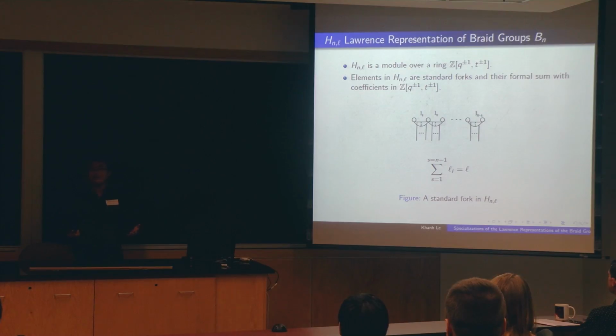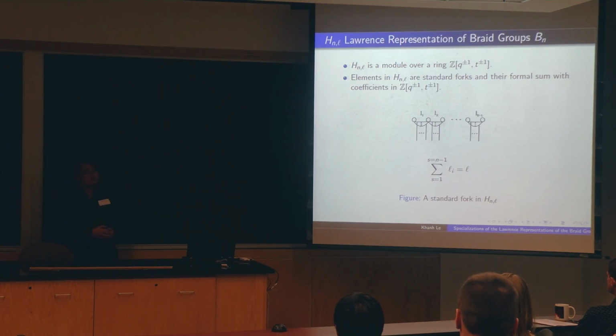And in the same manner, Ruth Lawrence has associated the vector space H of n comma L, with L being a positive integer, to a unit disk with n punctures to create a family of Lawrence representations for these braid groups.